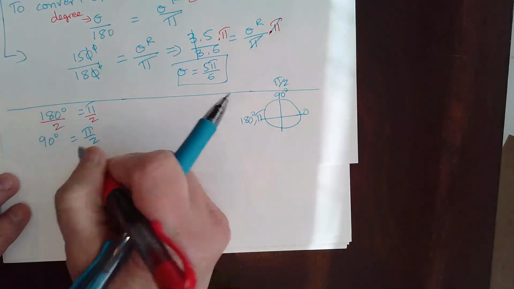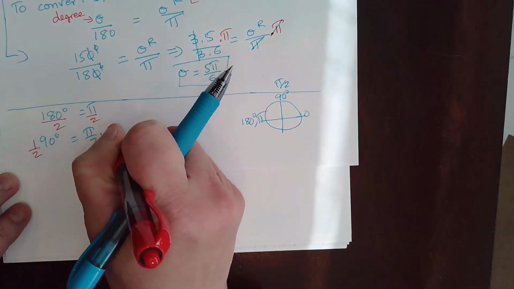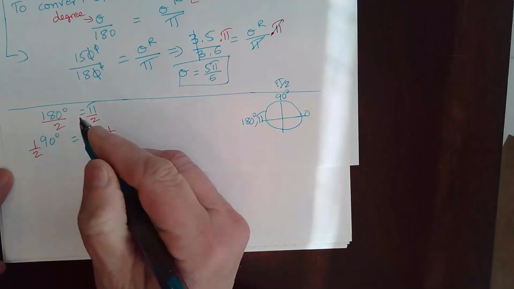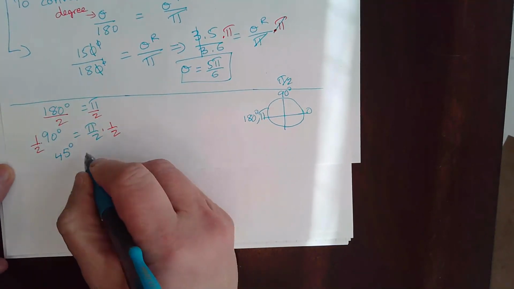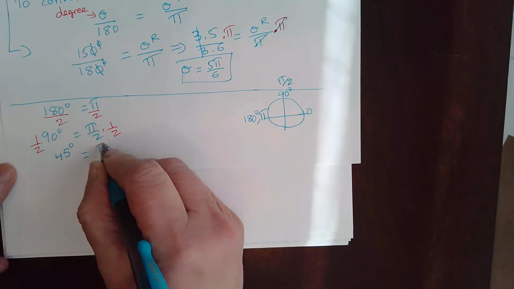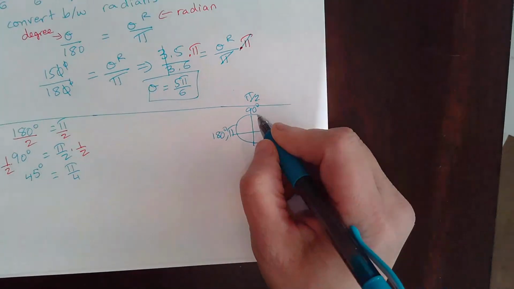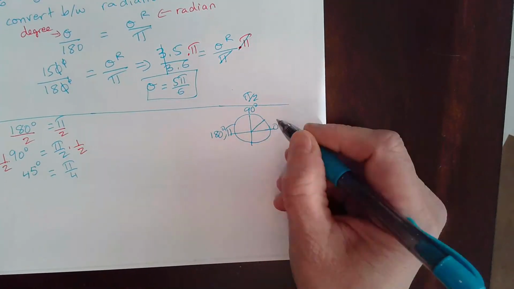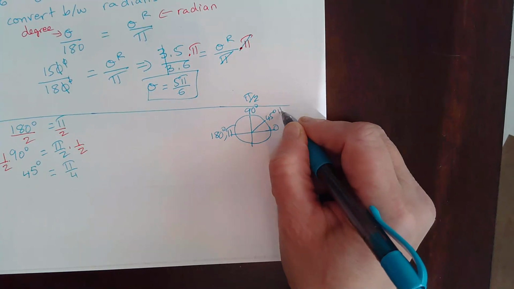If you divide this by 2, or multiply by 1/2 on both sides, 90 divided by 2 gives me 45 degrees, and pi over 2 times 2 is pi over 4.